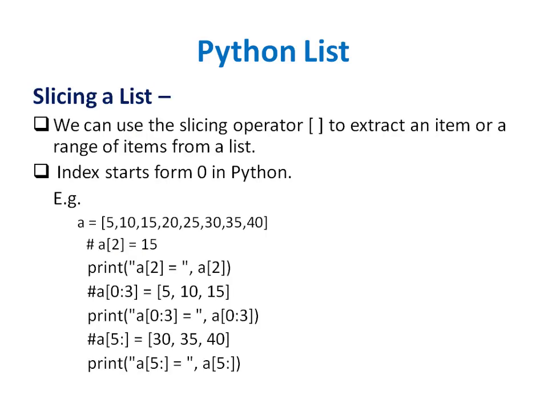Now slicing a list, this concept is very important in Python. We can slice a list by using the slicing operator, which is square brackets, to extract an item or a range of items from a list. So whenever you need a range or need to extract a particular element, you need to use the slicing operator.